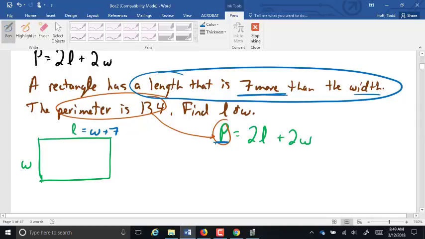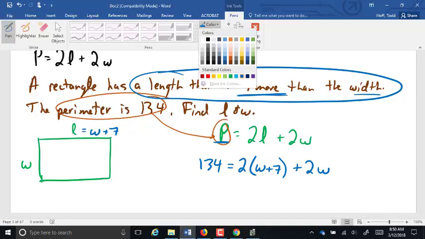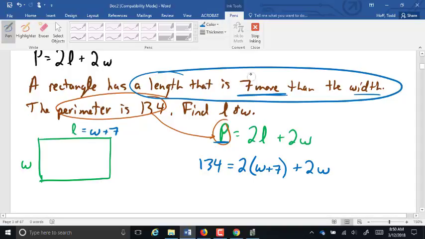So now I can get this down to one variable. I replace P for perimeter with the 134 equals 2 times L. I replace L with W plus 7, plus 2 times the width. So now you can see W is the only variable in this anymore. So we go to solve. Once again, we have to simplify everything we can on one side.